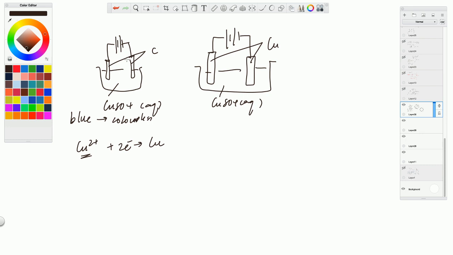If there are less and less copper ions, it will be less and less blue. But on the anode side, hydroxide ions are discharged, and that gives you just oxygen. But on this side, the copper ion becomes copper. Over here, copper becomes copper ion.